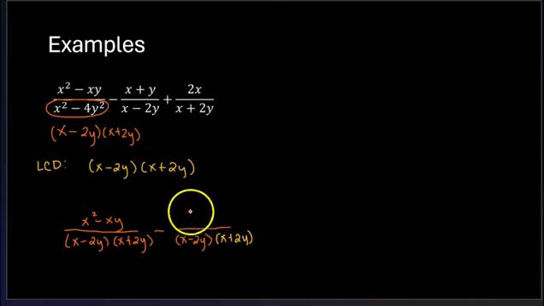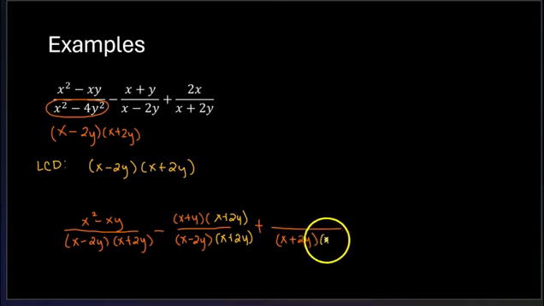So I'm going to also multiply our numerator by x plus 2y. And then for the third one, our denominator is x plus 2y. So in order to have this LCD, I have to multiply by x minus 2y, and I'm also going to multiply that in the numerator.